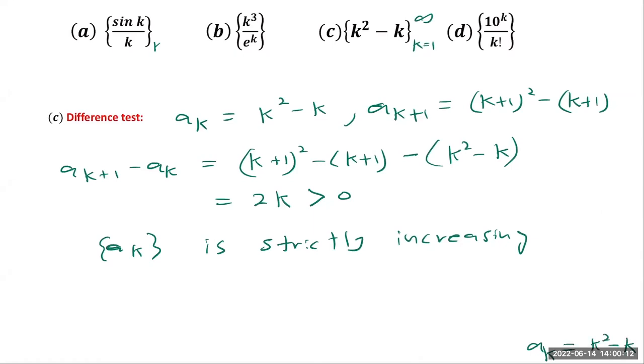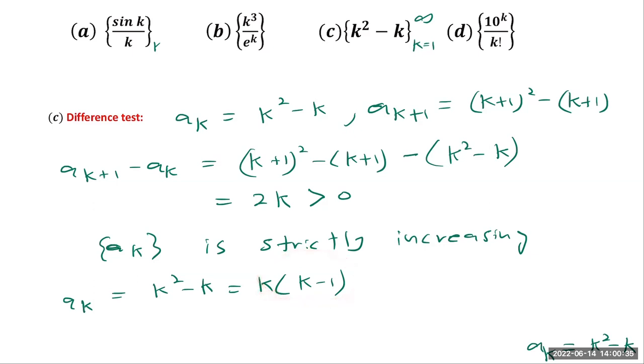Okay. All right. What about the boundedness? Well, you can easily see that it is unbounded if you write your term a_k this way. k squared minus k is equal to, if you pull out a k, k times (k minus 1). When k is equal to 1, this value is 0.